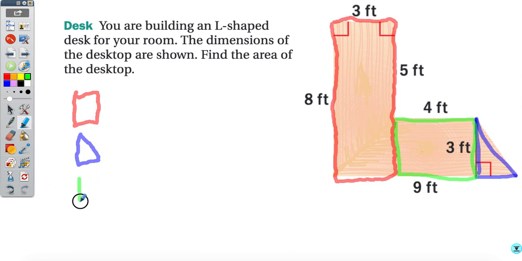So to find the area of the entire irregular shape, the first thing I have to do is find the area of each of these regular shapes or polygons that we learned about yesterday. So the first thing that I want to do is go ahead and pause the video and see if you can come up with the dimensions of each of these shapes.